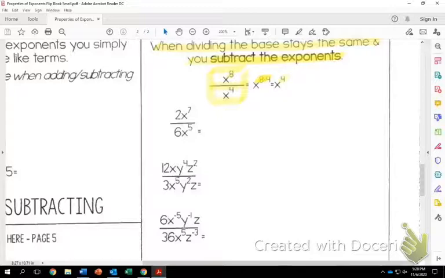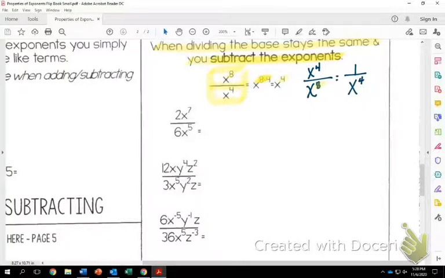If it had been reversed, let's say it was x to the 4th over x to the 8th, well, the process would still be the same. X to the 4th minus the 8 would be 4, technically negative 4. But because this 8 is larger in the denominator, we are actually going to put our solution in the denominator. And here's why.